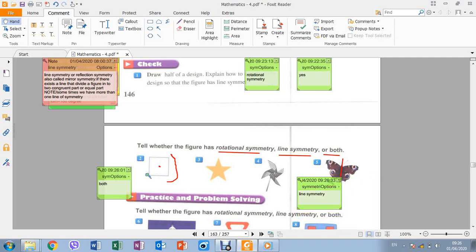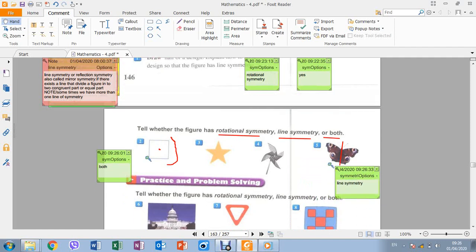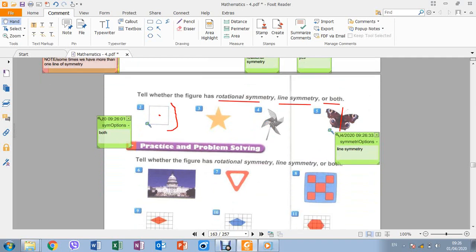This one is line symmetry. Number 5 is line symmetry. And now in there again, tell whether it's rotational symmetry, line symmetry, or both.